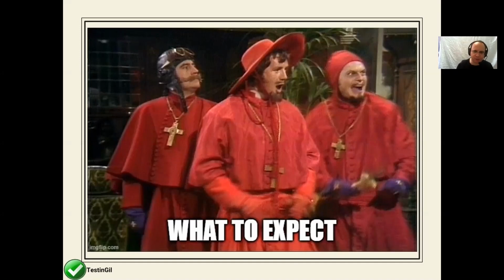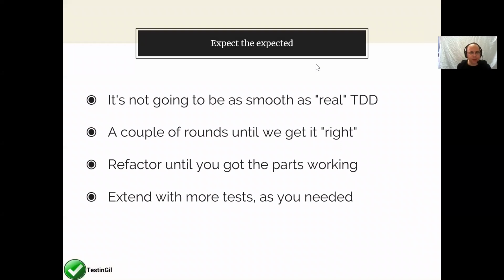So what to expect? What do we need to expect when we're trying to take this kind of project on? It's not going to be as smooth as real TDD. If you try TDD, you know how smooth that is, and this is not going to be even as smooth as that. So there are going to be all kinds of stumbling blocks we're going to stumble upon. It's going to take a couple of runs until we get it right.